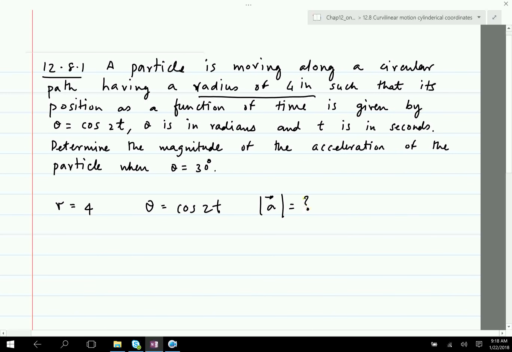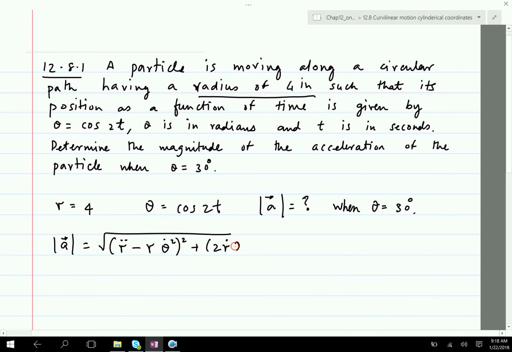We are asked to find the magnitude of the acceleration when theta equals 30 degrees. So we are asked to find the magnitude, which is simply r double dot minus r theta dot squared, the whole thing squared, plus 2 r dot theta dot plus r theta double dot, squared.